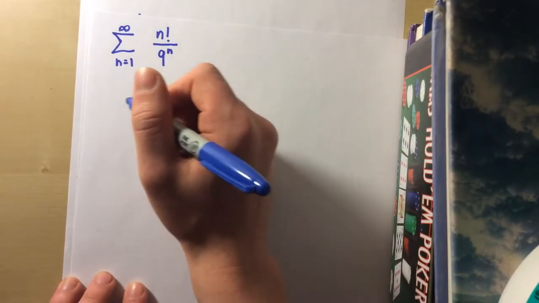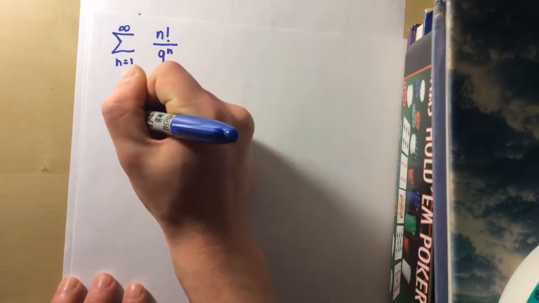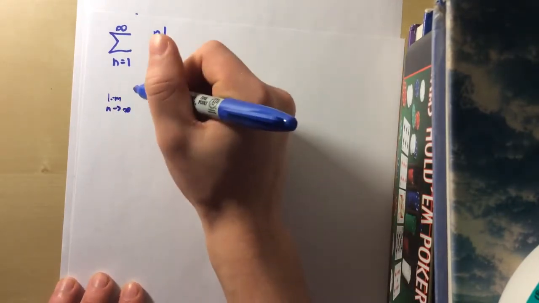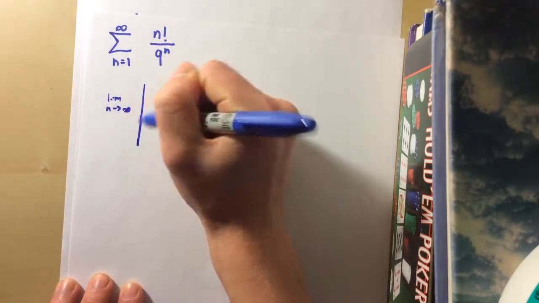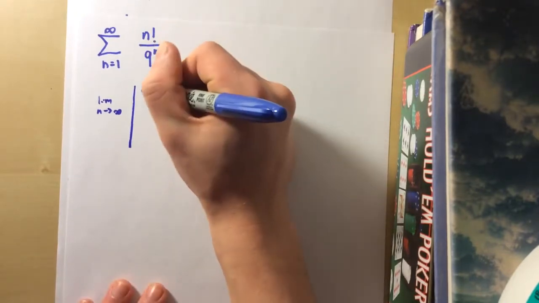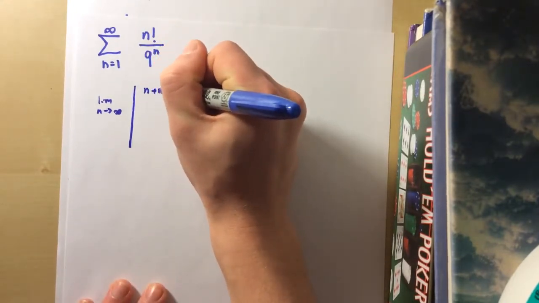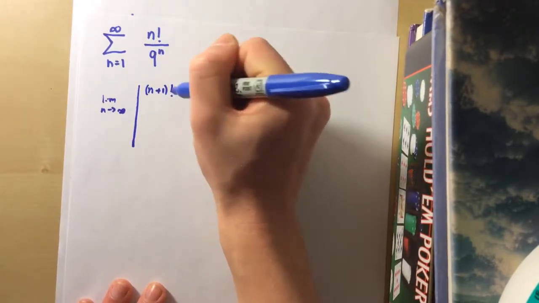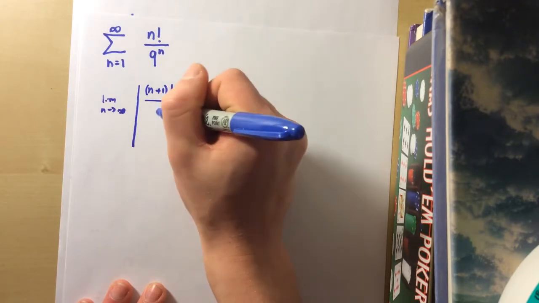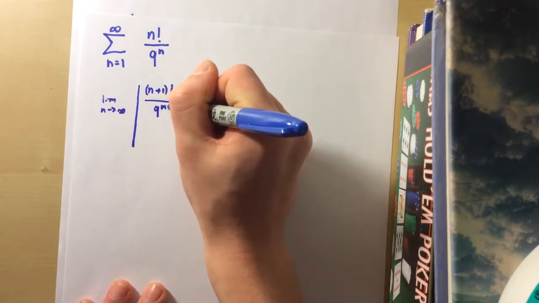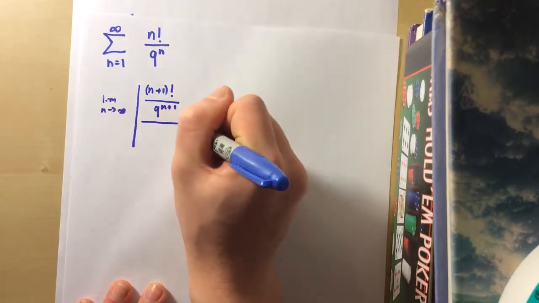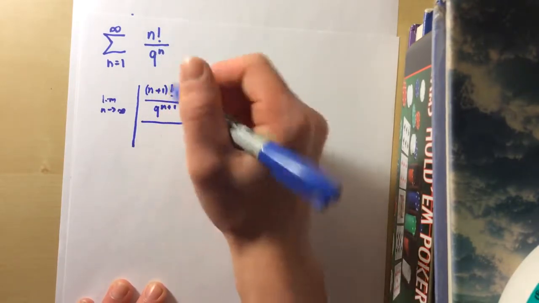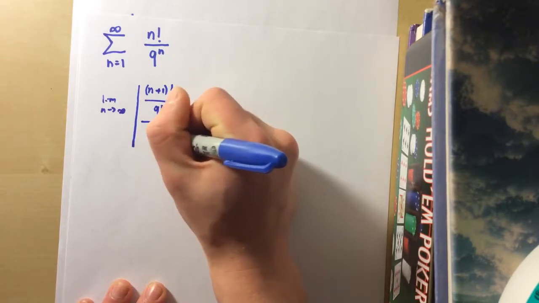So if we do that for this, we get the limit as n approaches infinity of n plus 1 factorial over 9 to the n plus 1, divided by the a sub n term, which is just n factorial over 9 to the n.